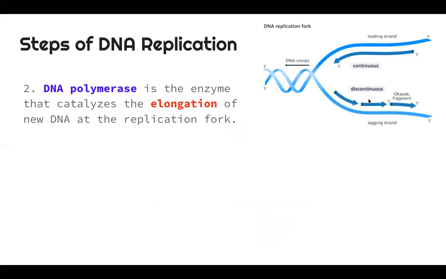Now, after the helicase unzips the DNA, we can use DNA polymerase, another enzyme, it ends in -ase, that is going to elongate the new DNA at the replication fork. Remember, that's where they come together or apart.